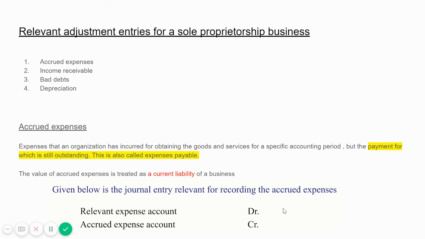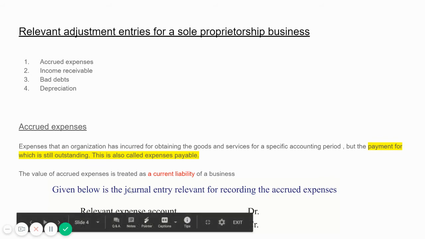So what will be the accounting treatment for that? How are we going to treat this from an accounting point of view? That can be done using the double entry principle. So this double entry will also be known as the journal entry. Let's see what this journal entry is. Okay.